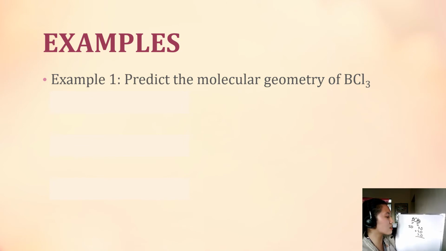Then add this: 9.0. So, between the two, who has the smaller electronegativity value? Boron. So this means boron will be our central atom.